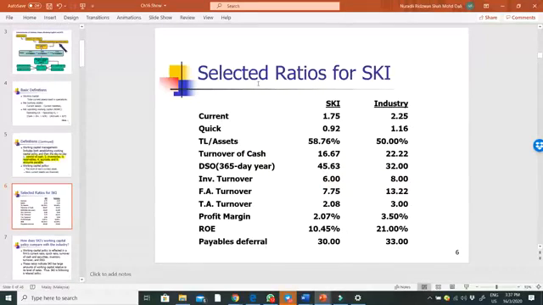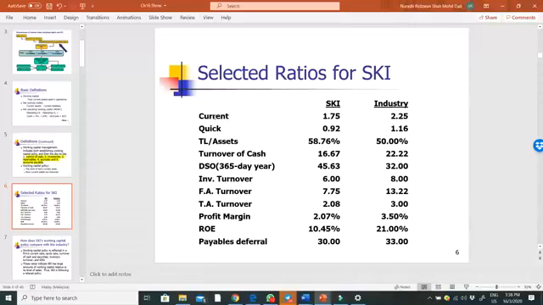Now these are the selected ratios of SKI compared to the industry. Current ratio is 1.75, industry is 2.25.